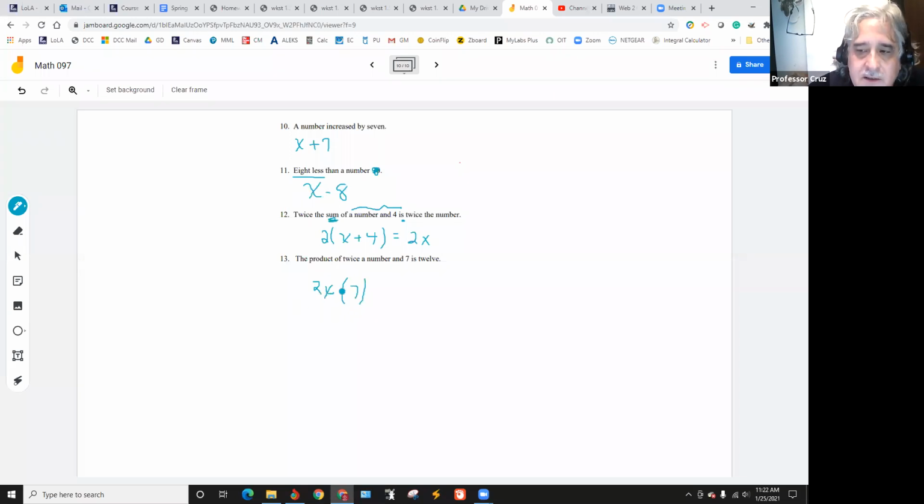So that's just saying 7 times twice a number is 12. And then we could simplify that down because in the case up here, there's nothing much we can do until we know what x is. But here we could take this out and write 14x is equal to 12.